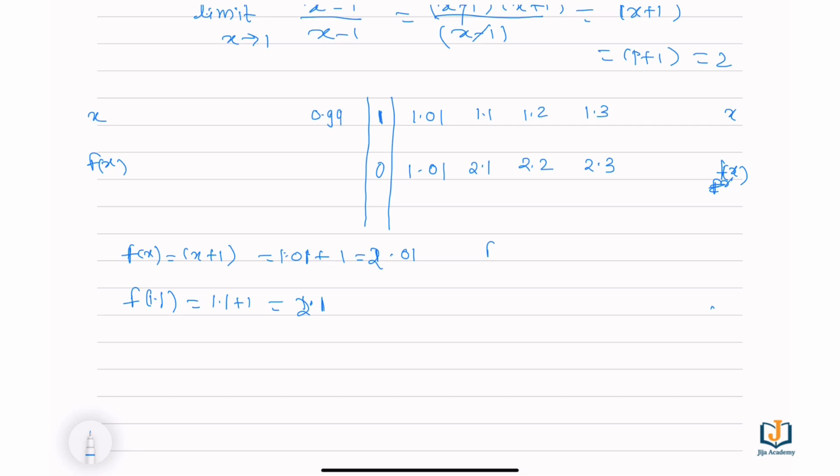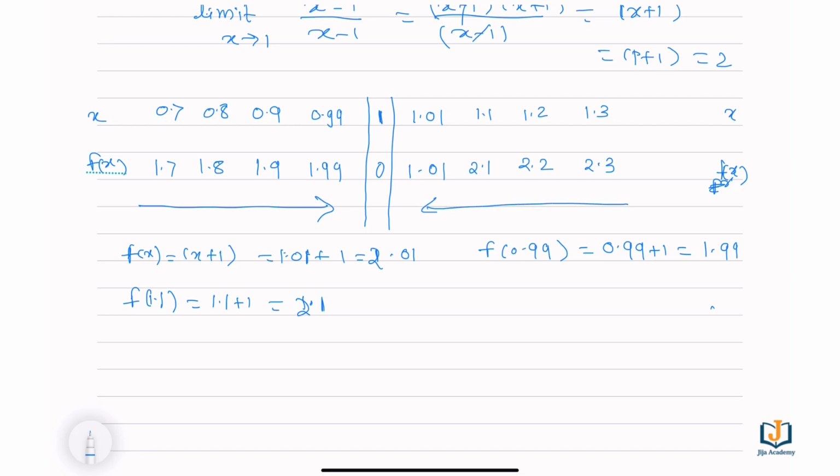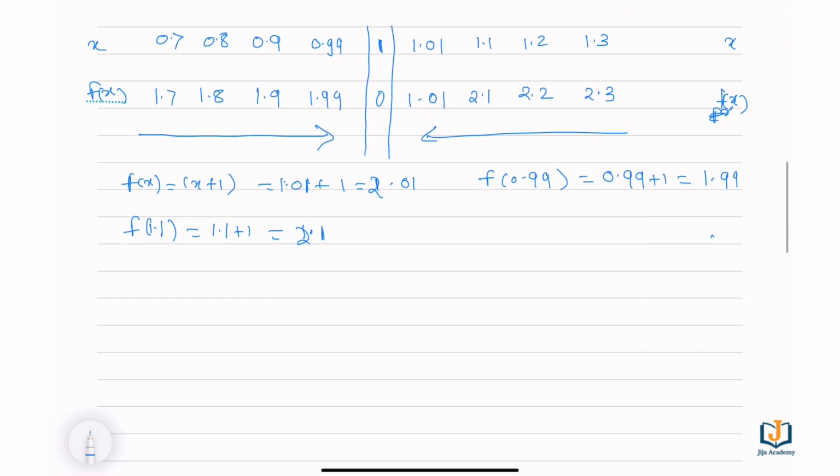Similarly f of 0.99 is 0.99 plus 1 is equal to 1.99. So we get 1.99, 0.9 gives 1.9, 0.8 gives 1.8, 0.7 gives 1.7. So this side is increasing and this side is decreasing. So we draw the graph.